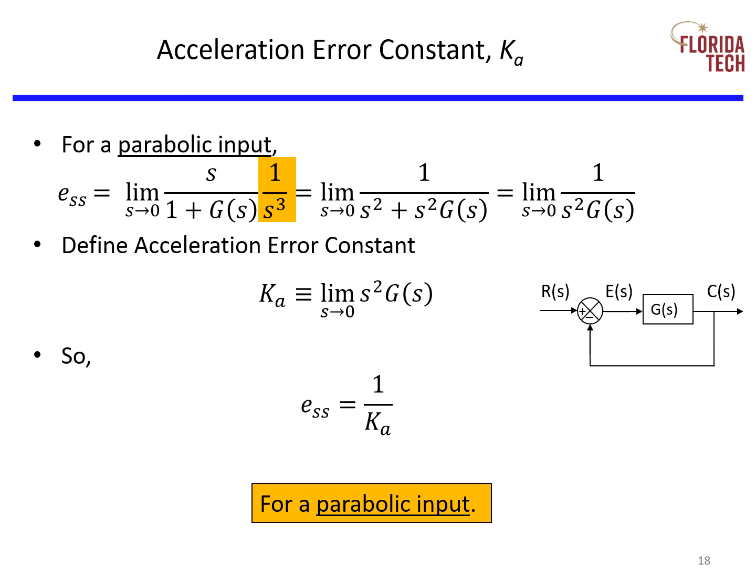By now you should see the pattern of this analysis. The acceleration error constant is defined as the limit as s goes to 0 of s squared times G of s. And the steady state error is 1 over Ka for parabolic inputs.